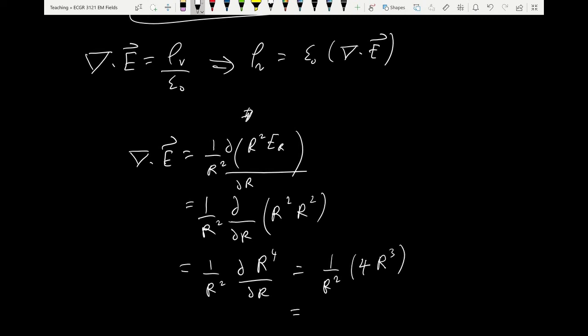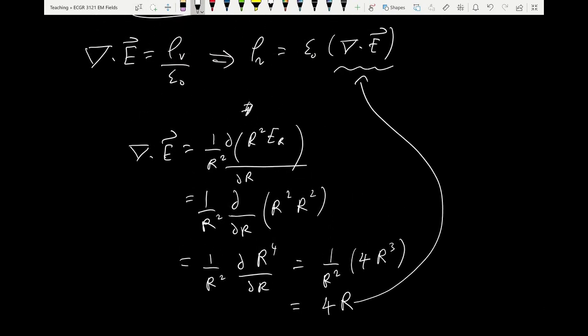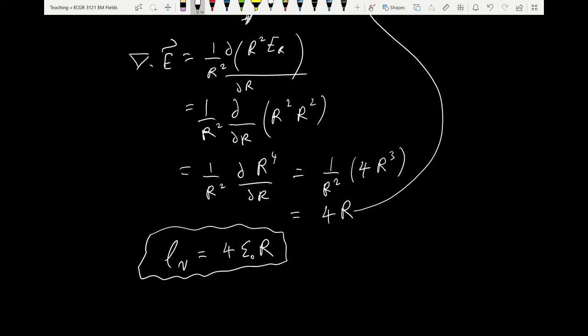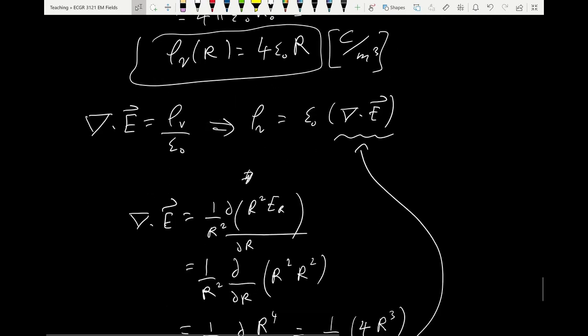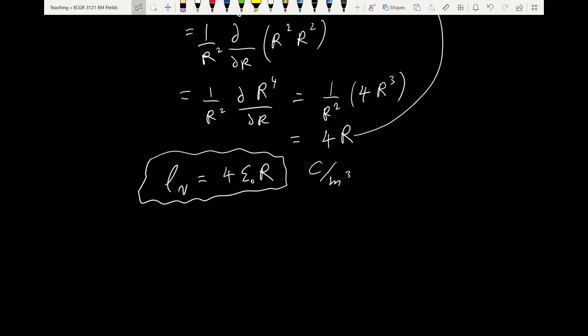So we end up with 4r. I plug this back in, and I end up with rho v equals 4 epsilon naught r, which is the same result that we got previously, in coulomb per meter cubed. Okay, so we're done with this problem.